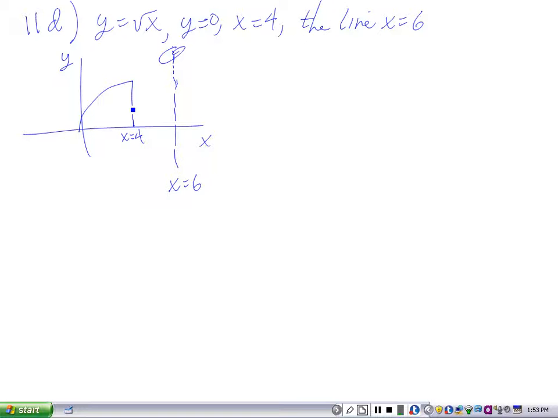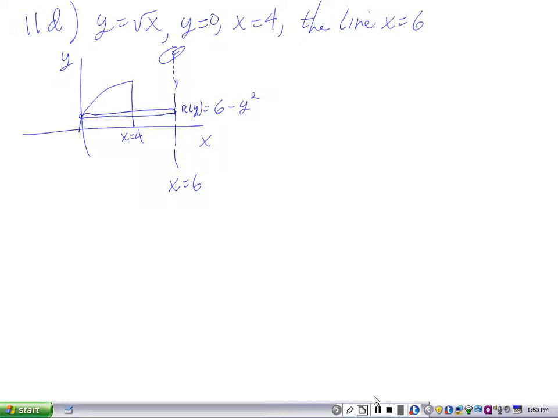Again, the thickness is with respect to delta y. So you get the big radius. It's doing that. This is capital R of y. Well, you go to the line, 6 minus the curve, y squared. And then you got a hole here. There's something that you don't need.